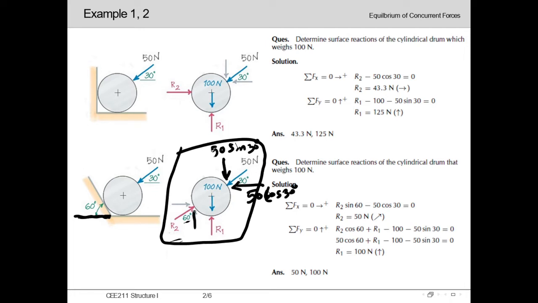So here is the vertical force component, and the interior angle will be the same as the plane has created with the horizontal axis. So as the plane is 60 degrees, the angle with the vertical component will also be 60 degrees. We will be using this concept in our later examples also. So let's remember this one.